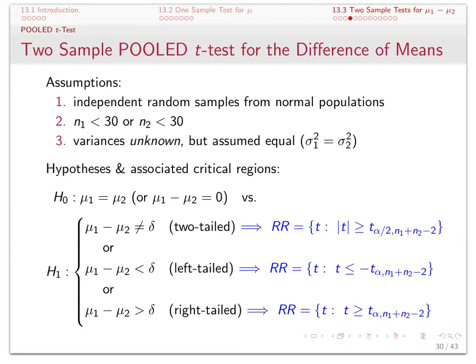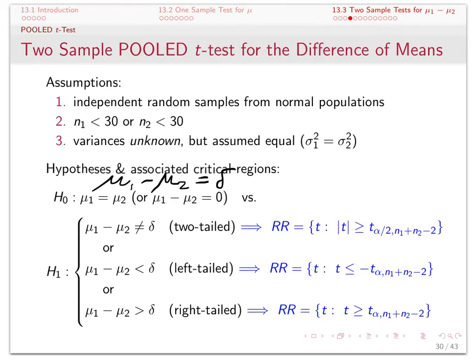Our hypotheses and associated critical regions will be defined as follows. As before, our null hypothesis, in the case where we're assuming that delta is equal to 0, would say that mu1 minus mu2 is equal to 0, or that mu1 is equal to mu2. In the event that delta is not 0, then we'll just say that our null hypothesis says that mu1 minus mu2 is equal to delta.